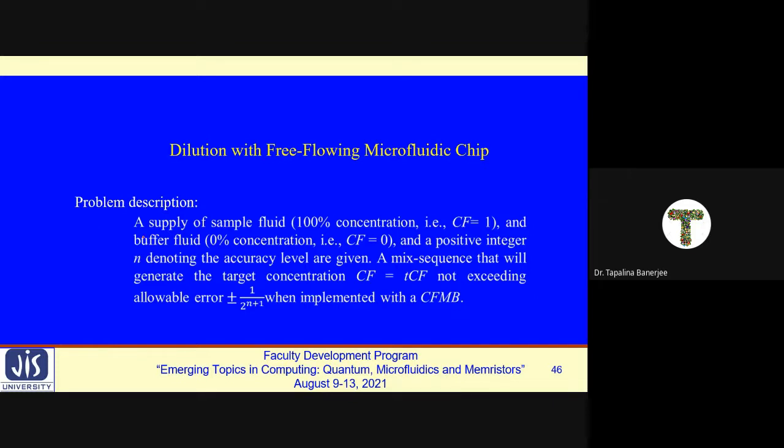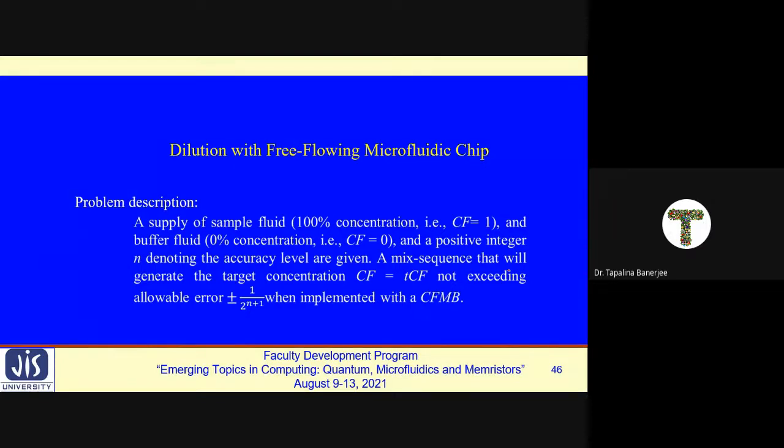In our problem description, a supply of sample fluid is considered as 100% concentration, or CFS1, and we have buffer fluid, which is considered as 0% concentration, that is CFS0. Along with this, we are going to consider one positive integer n denoting the accuracy level. This should be given from the user side.